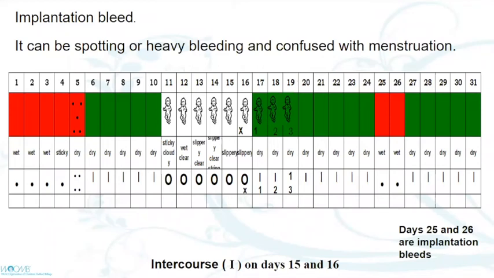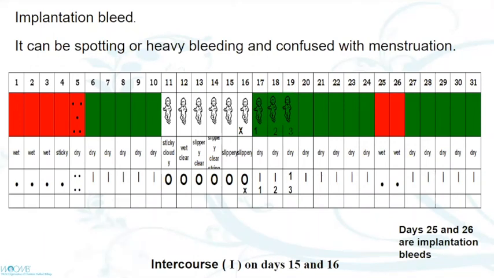Why? Because the moment the sperm fertilized the egg, the moment the fertilized egg or the baby implants along the lining of the endometrium, sometimes due to high friction, some of the lining of the endometrium will be dislodged and it will be seen now as a bleeding.